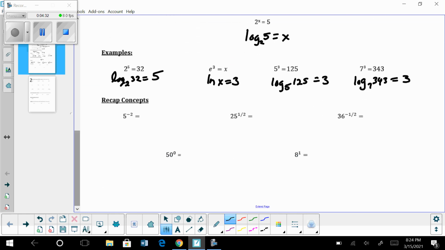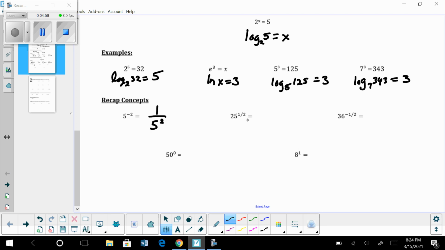These problems just kind of bring back to mind some properties of exponents that you've had in the past that you may have forgotten. Most of you probably had them in Algebra 2. Some you may have also had in Algebra 1. The idea of the negative exponent, remember, you just make it into the reciprocal and give it the positive exponent. And of course, you could go ahead and simplify that.